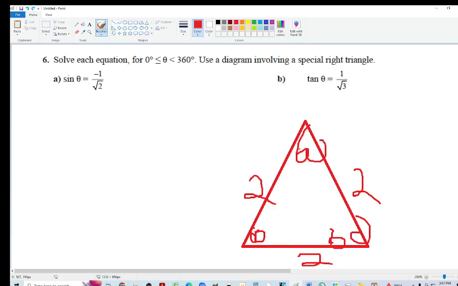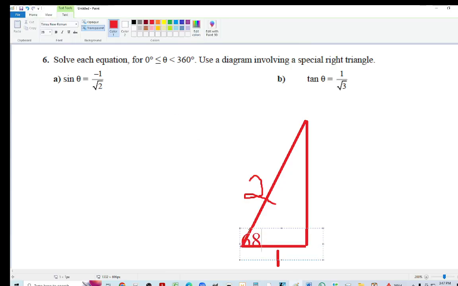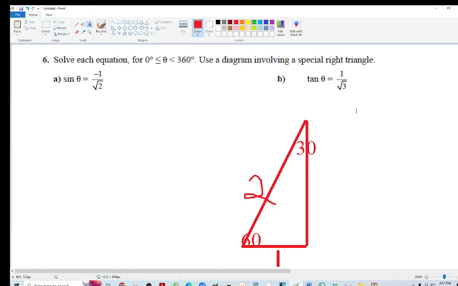But that means we're going to redraw it like this, 60 and 30. And we just have to figure out, is the tangent of 60 1 over square root of 3? Or is the tangent of 30 1 over square root of 3?